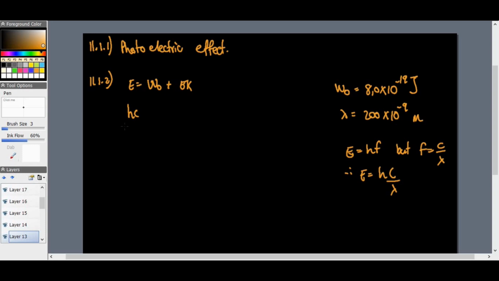hc all over lambda is equal to the work function plus half mv squared. Now we can go ahead and substitute.